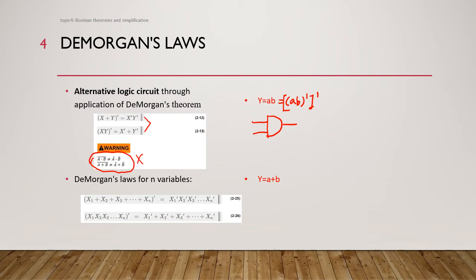If we take NOT 2 times, we basically didn't change anything. So NOT NOT equals itself. Now, inside the bracket, we can apply De Morgan's law, which equals a' or b'.